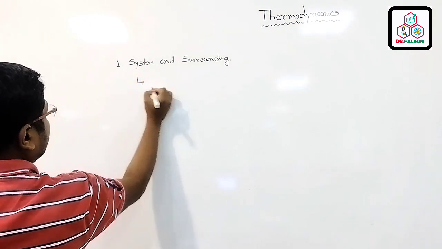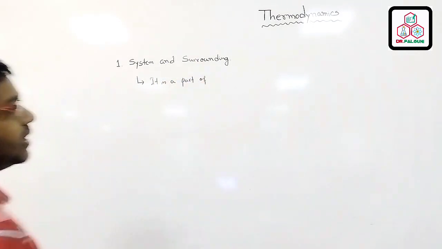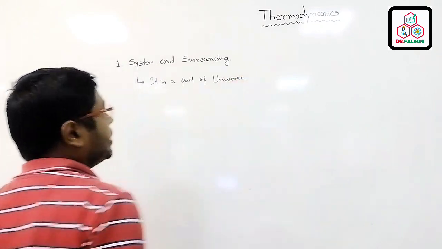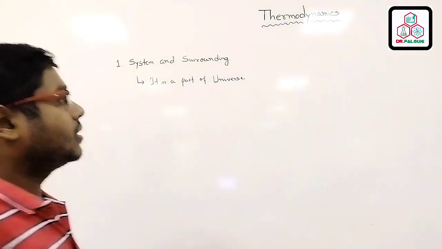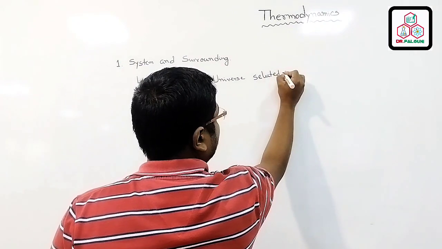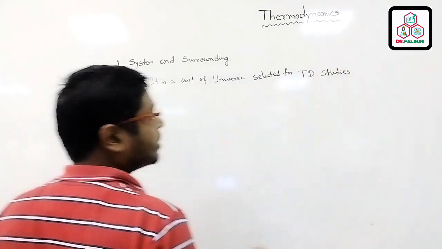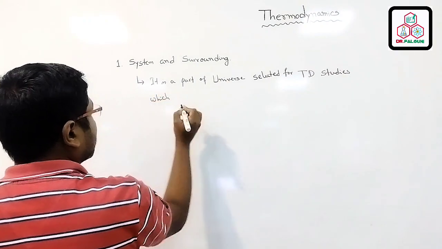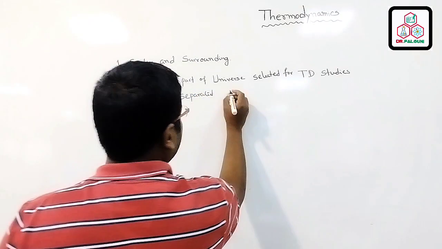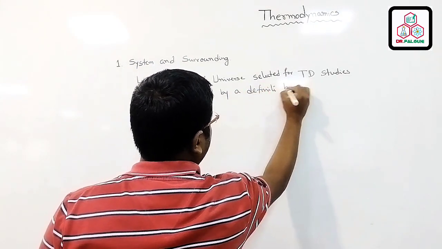System is a part of the universe selected for thermodynamical studies and which is separated by a definite boundary.